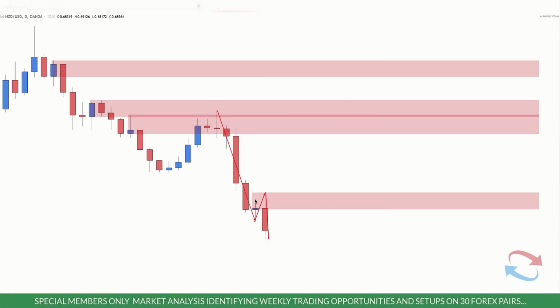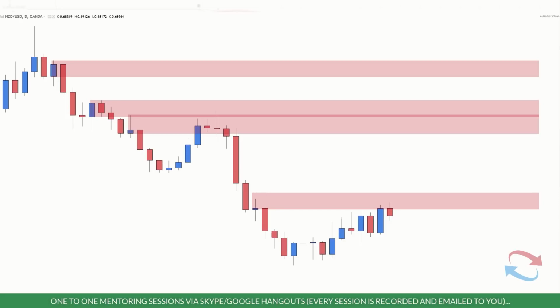So now this is our supply zone, because we made a bearish low after this bullish candle. Prices come back to this area here.